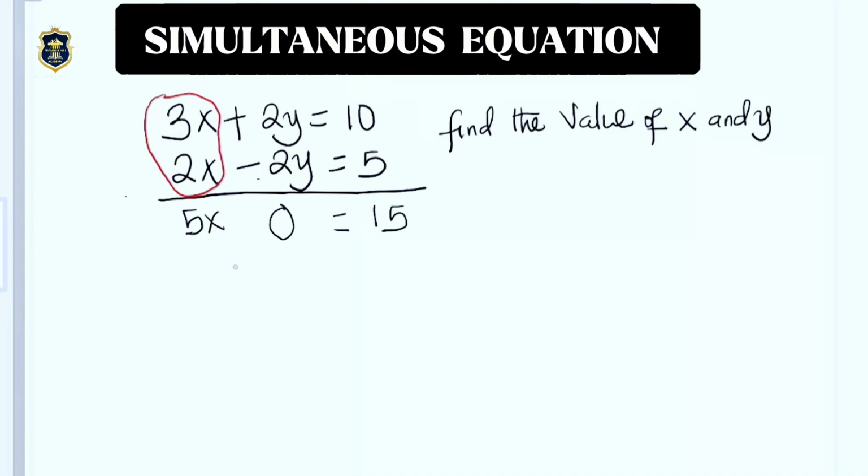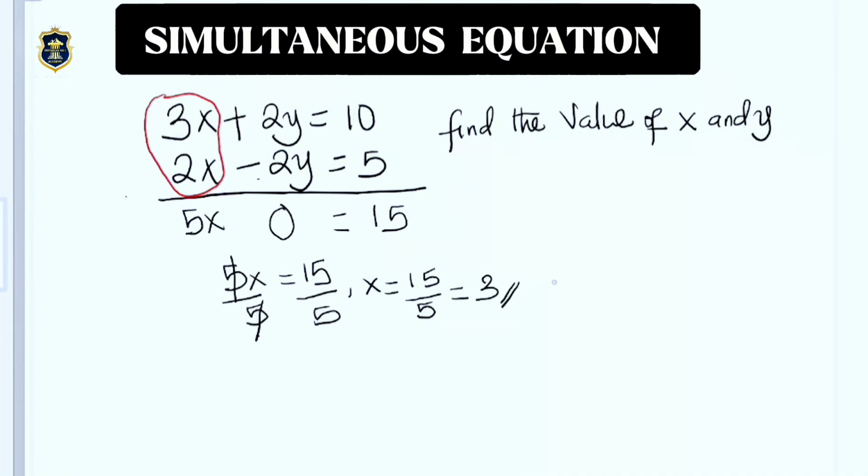So we have 5x equals 15, and then we divide both sides by the coefficient of x, which is 5. We'll have x equals 15 divided by 5, which is equal to 3. Therefore, x is equal to 3.